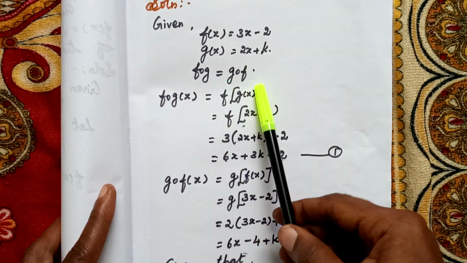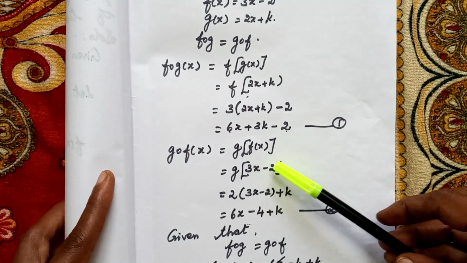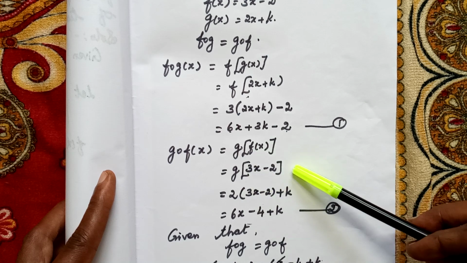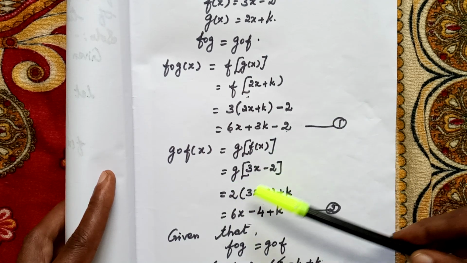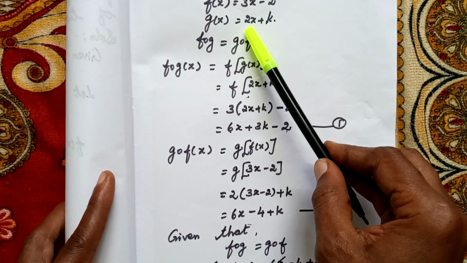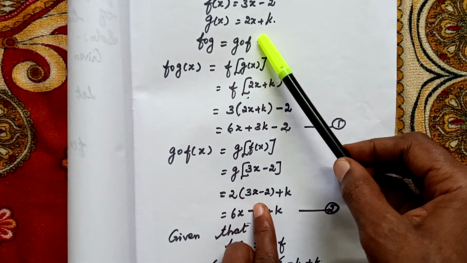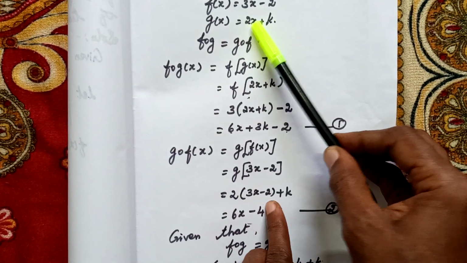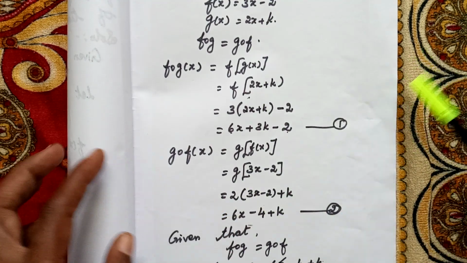Next, g composite f of x is equal to g of f of x. The f of x value is 3x minus 2, and g of x is 2x plus k. Here, in place of x, we replace 3x minus 2. So 2 into 3x minus 2 plus k, which is 6x minus 4 plus k.